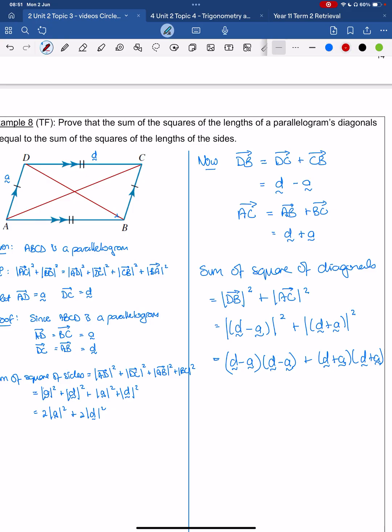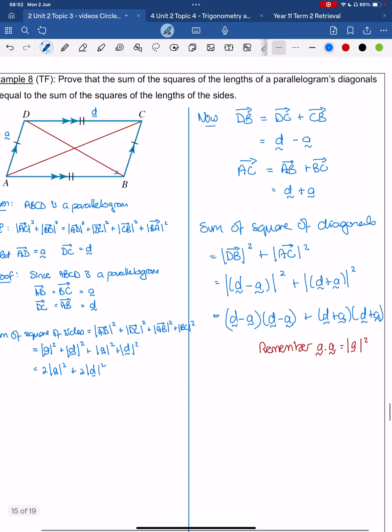And just make yourself a note, remember that a dot a is the same as the magnitude of a squared, and that's why we can use the dot product over here.